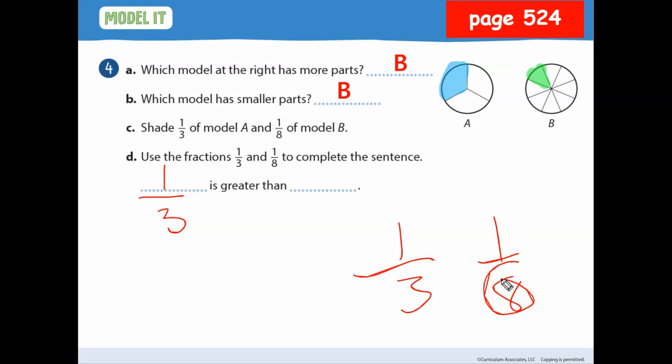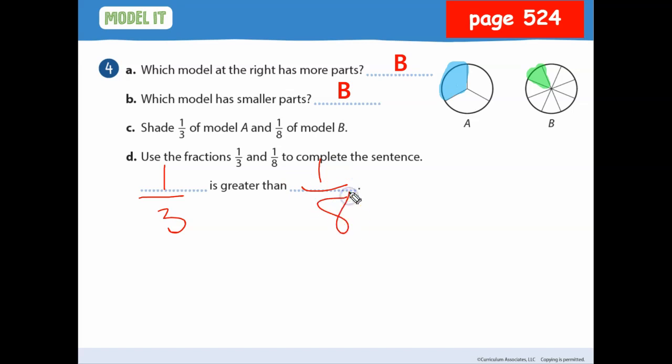Individually, 8 is bigger than 3, but when it comes to a fraction where the numerators at the top are the same, look at the models instead. So 1/3 is greater than 1/8. That makes it true. Or like this, 1/3 is greater than 1/8. That's another way to write it.